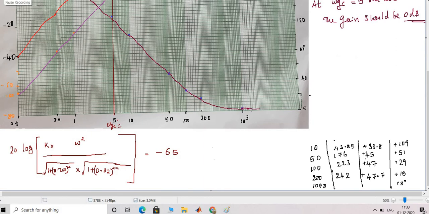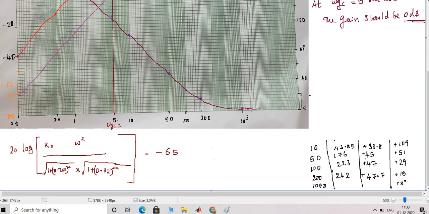So we have the equation for the magnitude of G of j omega that I have written here. In order to find out the value of gain K, 20 log of K into omega square divided by square root of 1 plus 0.2 omega square into square root of 1 plus 0.02 omega square, from the graph we have obtained, that is equal to minus 65 dB, because in the initial part only I have considered.